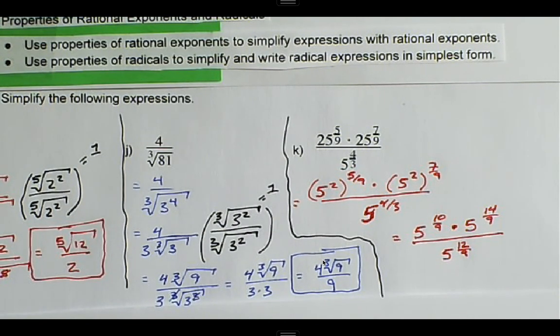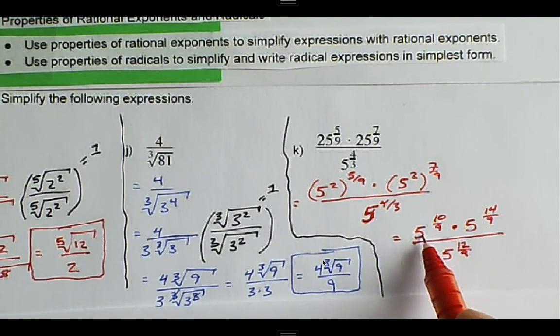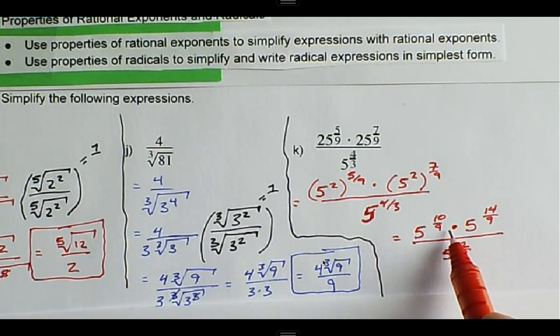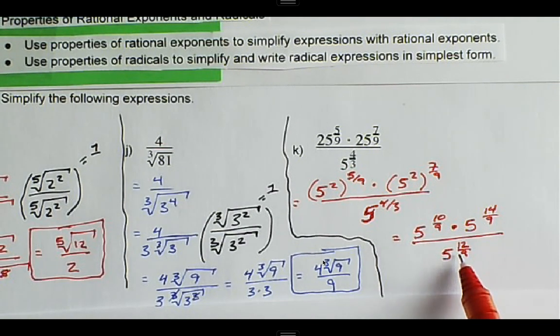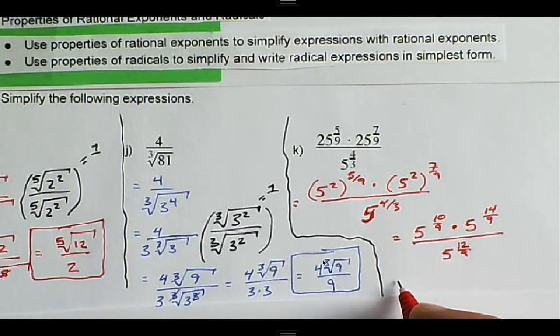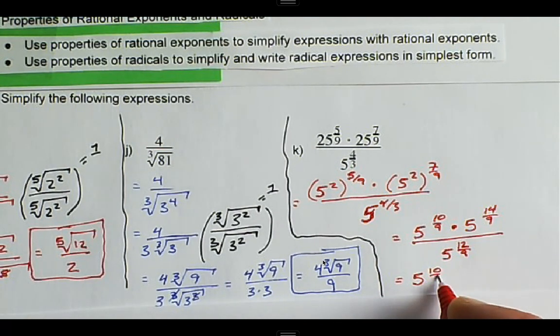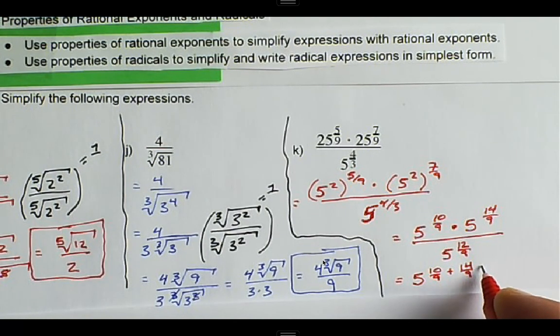And now we can rewrite this because we have all the same bases. The same base joined by multiplication, we add the exponents. Same base joined by division, we subtract the exponents. So we can rewrite this as 5 to the 10 over 9 plus 14 over 9 minus 12 over 9.